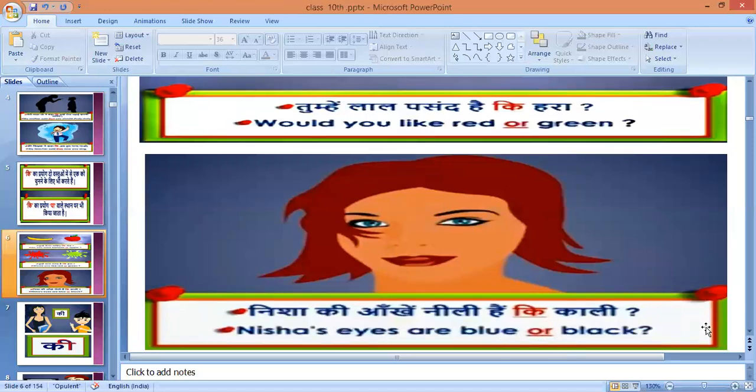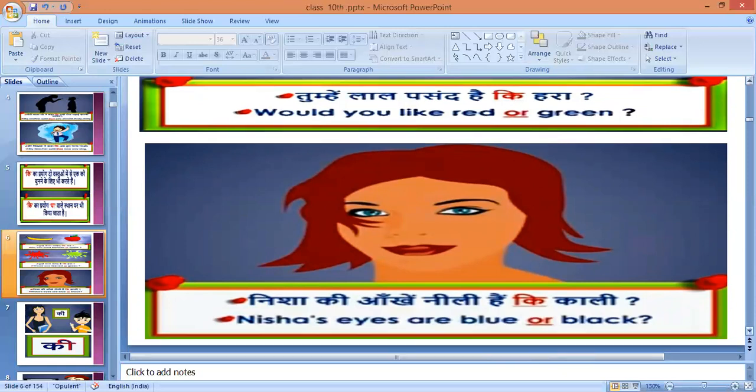Nisha's eyes are blue or black. So in this way, this key is used when selecting or choosing, this or that, for comparison of any object, color, likes and dislikes. That also we use this short pronunciation key.